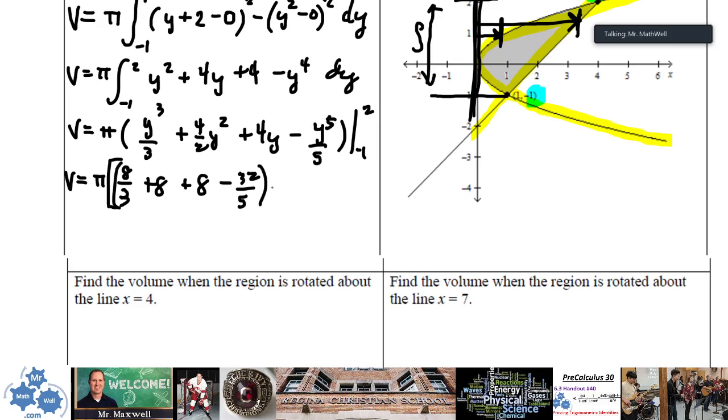And I'm going to subtract this stuff evaluated at -1. So that's going to be -1/3, plus 2, 2 times -1 squared, which is just 2, and then minus 4. And -1 to the 5th is a negative, so it's going to be a plus 1/5.